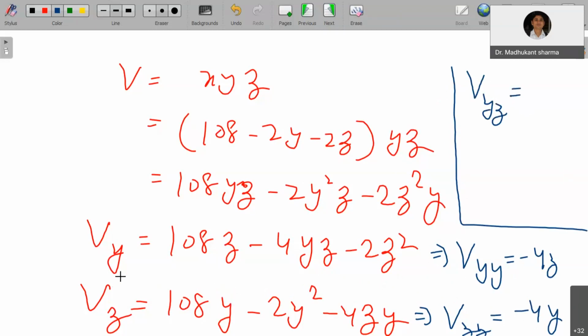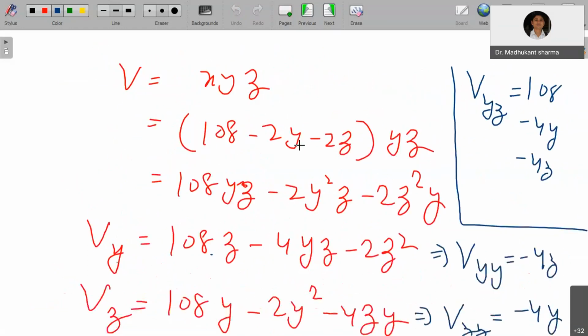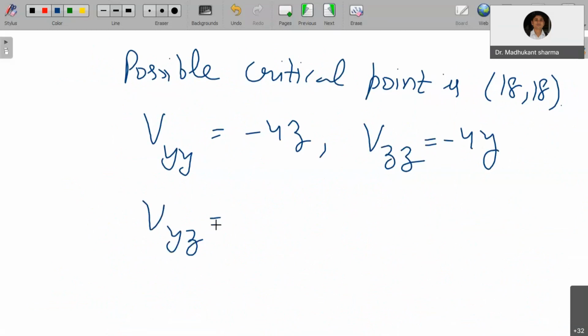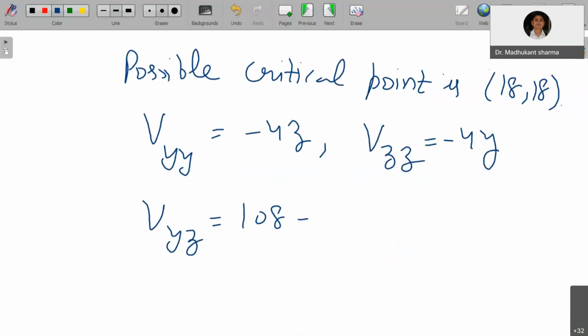Differentiating this with respect to z, it's going to be 108 minus 4y minus 4z. So vyz is equal to 108 minus 4y minus 4z.